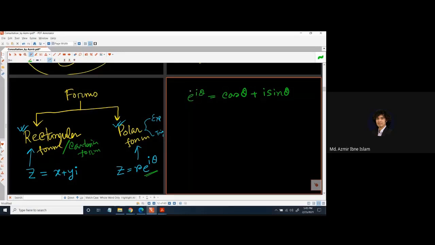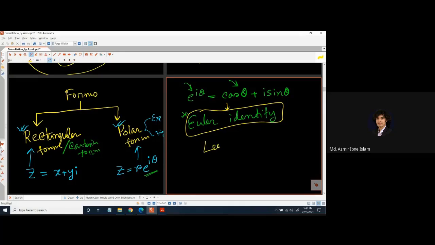So you can see that the exponent can be written in terms of trigonometric functions: cosine theta plus i sine theta. This is called Euler's identity. e to the power i theta equal to cosine theta plus i sine theta. Leonhard Euler was the mathematician. That's why it is known as Euler's identity.